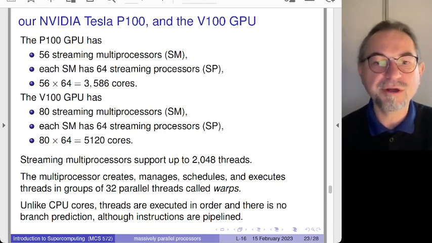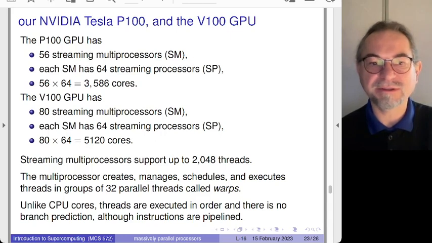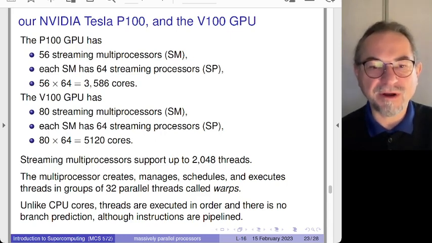No, that's not true. Sometimes one thread executes one instruction. That's perfectly fine, but typically for performance, the instructions are organized to be executed in groups of 32. So such a bundle of threads is called a warp.